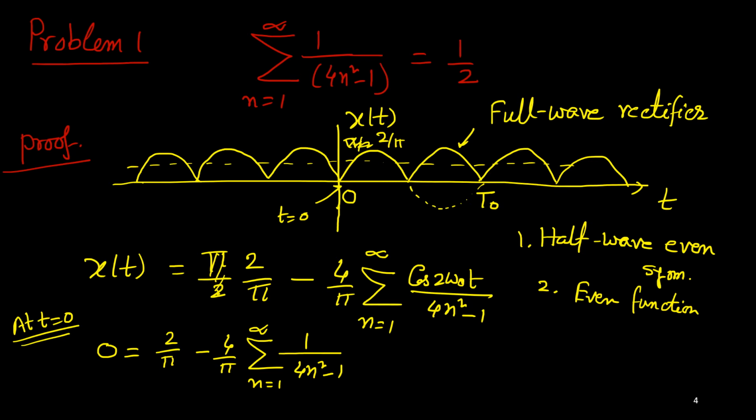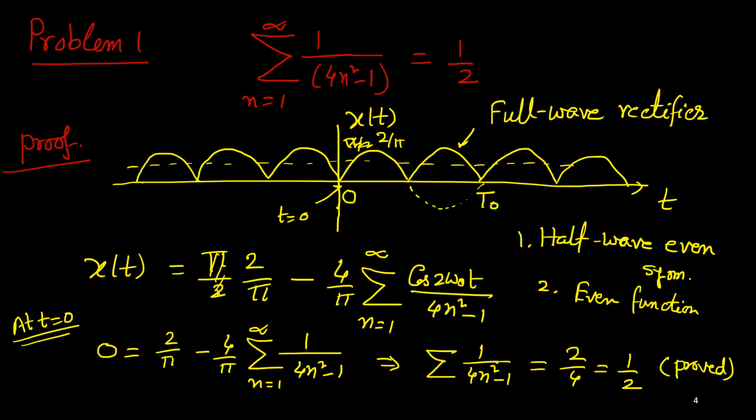So if you simplify it, pi will cancel, and it will give you this summation of 1 upon 4n square minus 1 is 2 upon 4, and that is simply half. Okay, so it's a very simple proof.